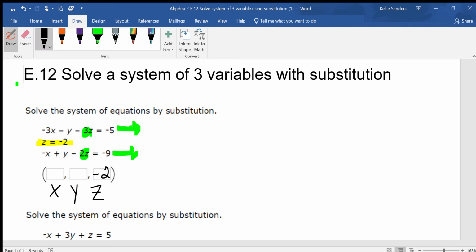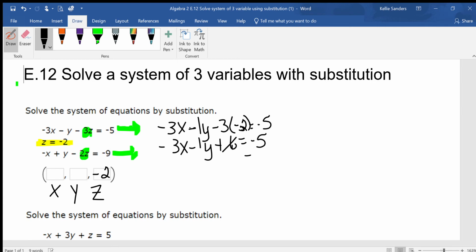Okay, so top would be -3x minus 1y minus 3z, but z is -2, equals -5. -3x minus 1y, -3 times -2 is a +6, equals -5.